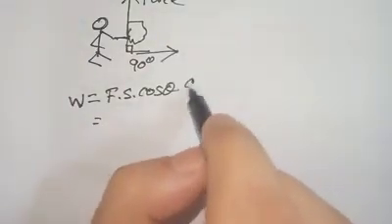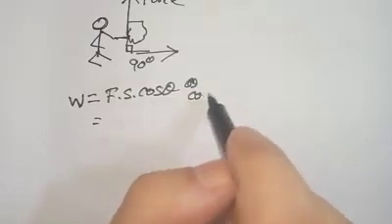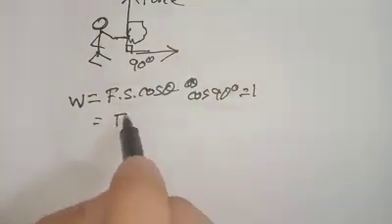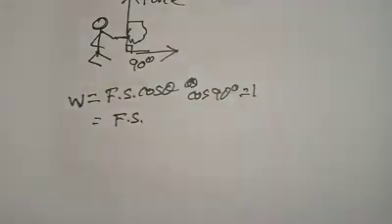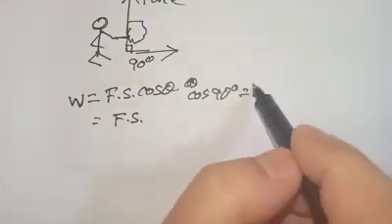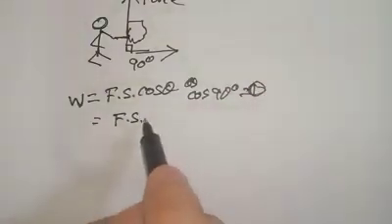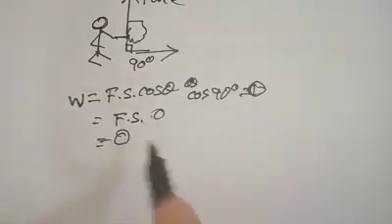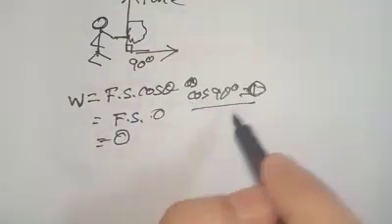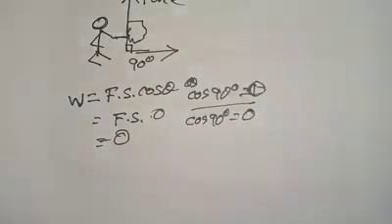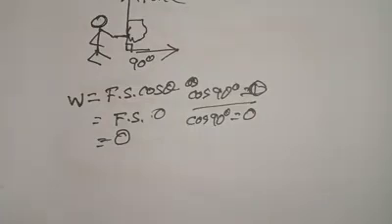I'm so sorry, I'm making a mistake. Cos 90 degrees is 0. So Fs multiplied by 0 comes to work done equals 0. So the entire equation goes down to 0. That means that work done is 0.